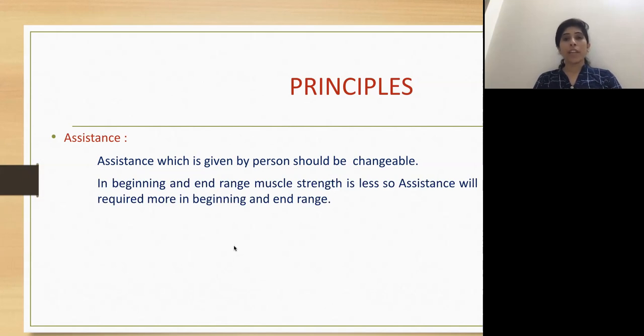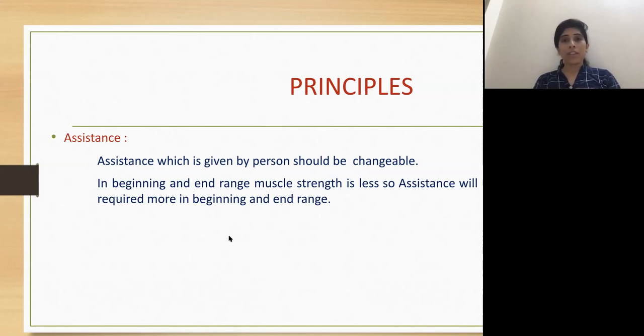So whenever the therapist or any relatives are giving the assistance, they have to keep in mind that it should not be like a passive movement. The assistance should be given in such a way that the patient should also help to complete that movement.